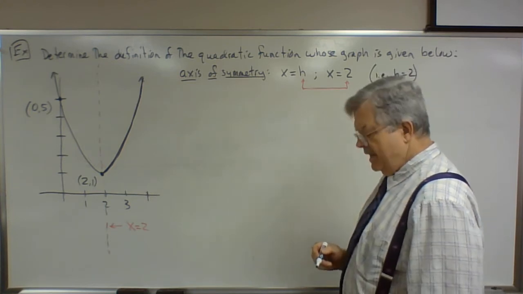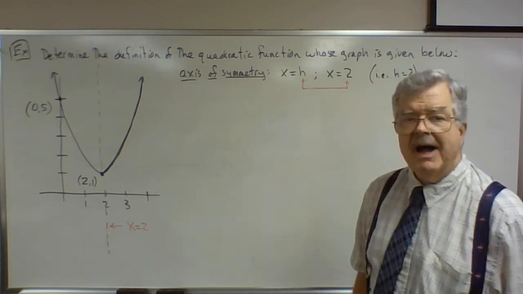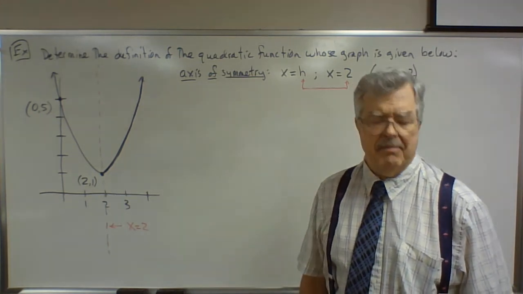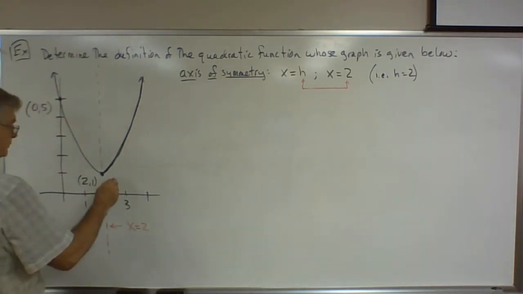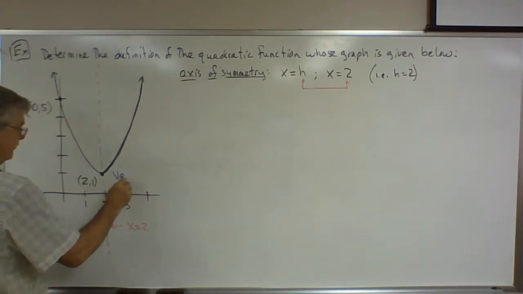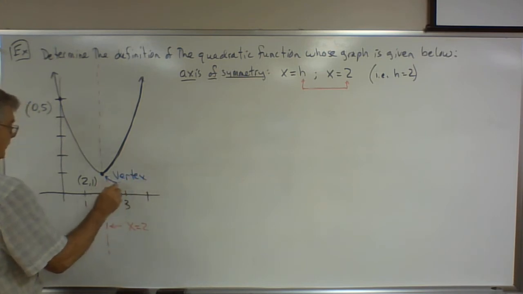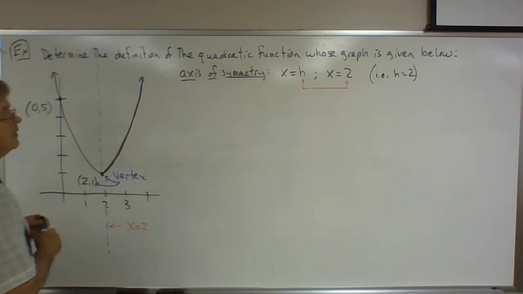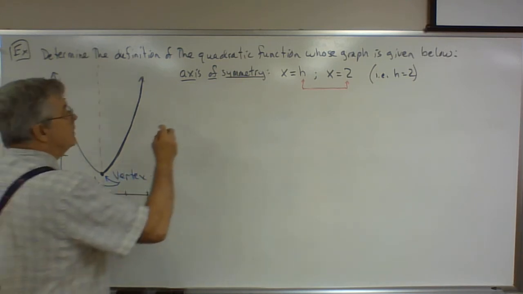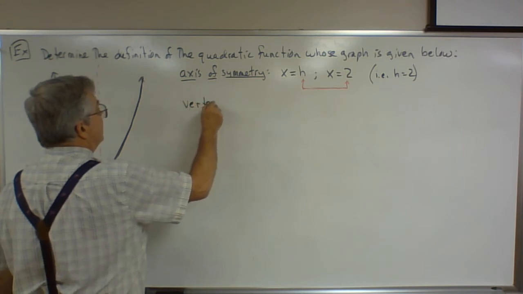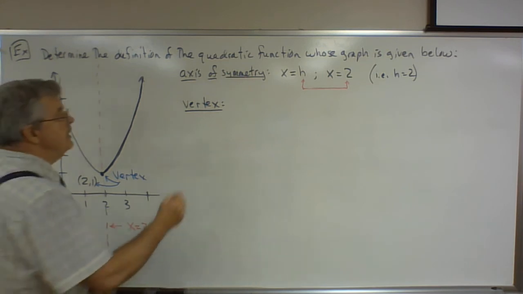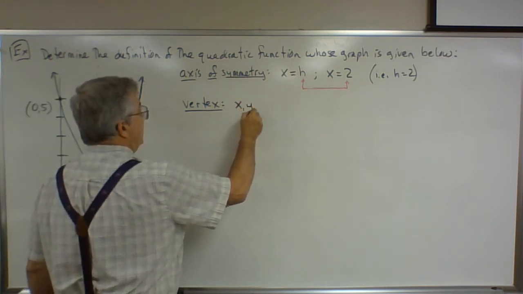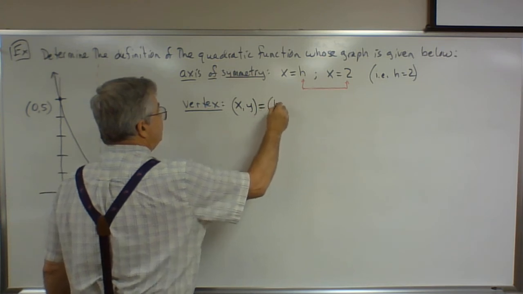Now, what else do I know? The high point or the low point of a parabola is the vertex. So this is the vertex. In general, the vertex is the ordered pair (x, y) equals (h, k).